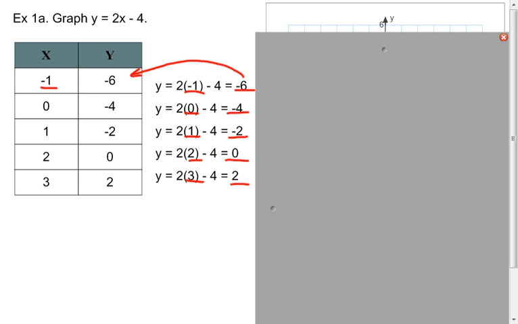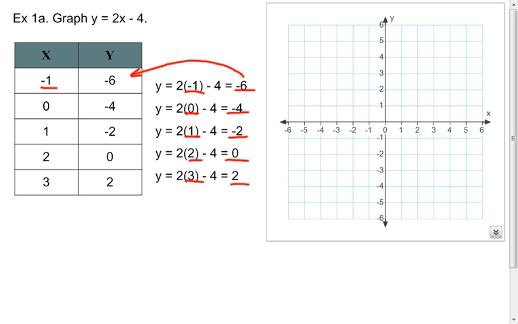Next, I can turn all of these into ordered pairs, and I'm going to graph. If x is -1, y is negative 6, so that's down here. If x is 0, y is negative 4, so there's 0, negative 4. X is 1, y is negative 2.